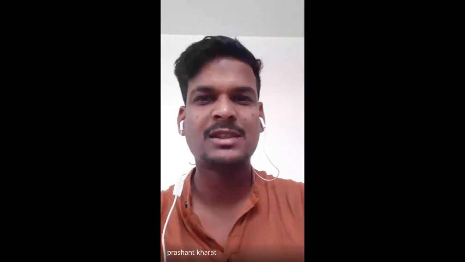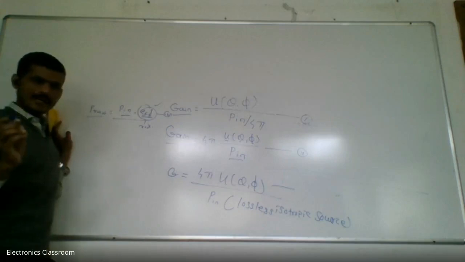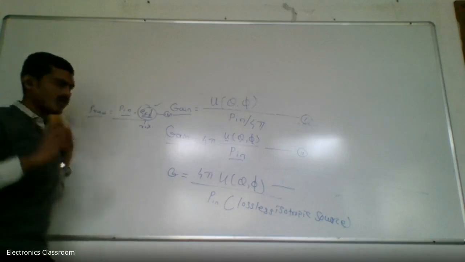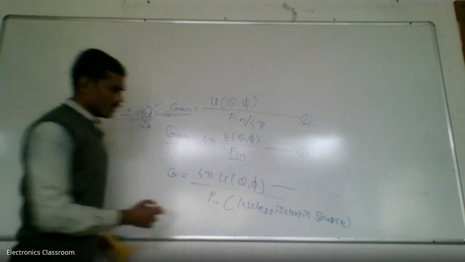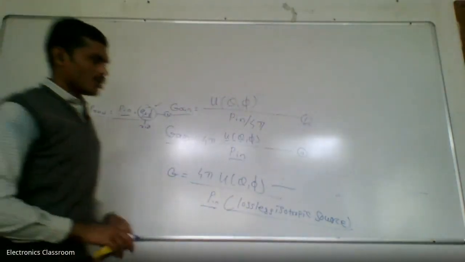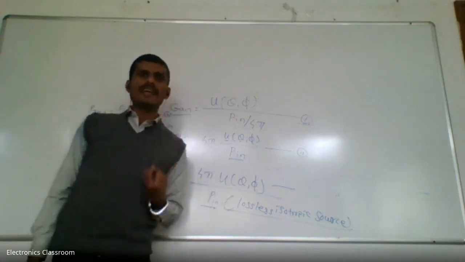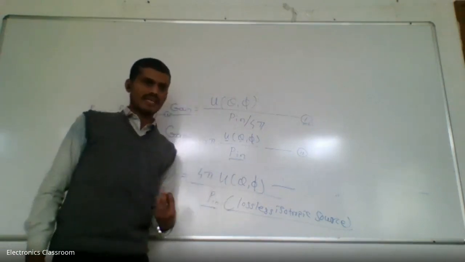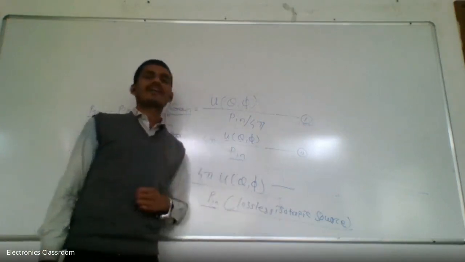Prashant, P_in is not the lossless isotropic source. P_in is the input power of that lossless isotropic source. P_in is not equal to the lossless isotropic source. The lossless isotropic source is the antenna, the referred antenna, and that power is taken for that lossless isotropic source.